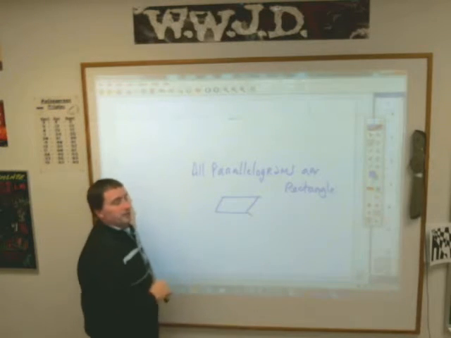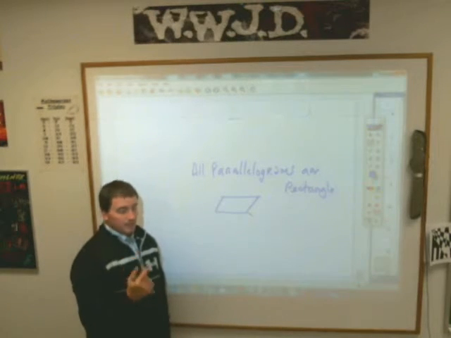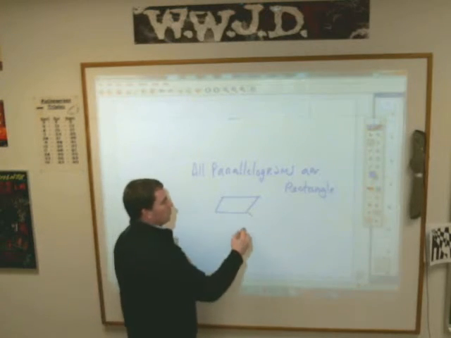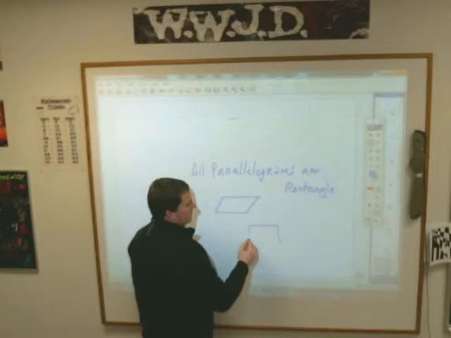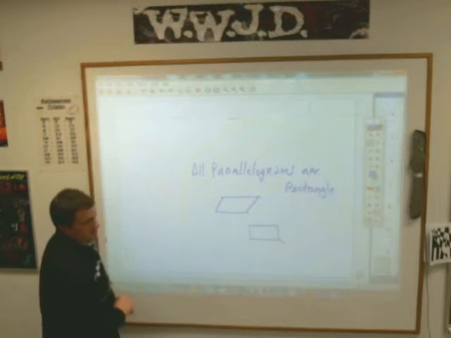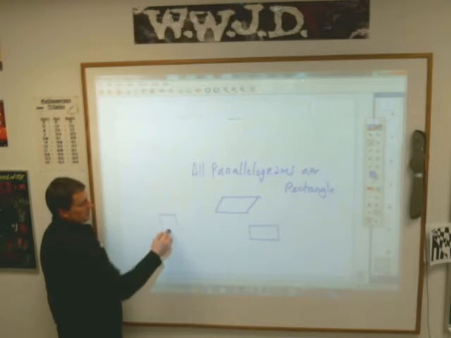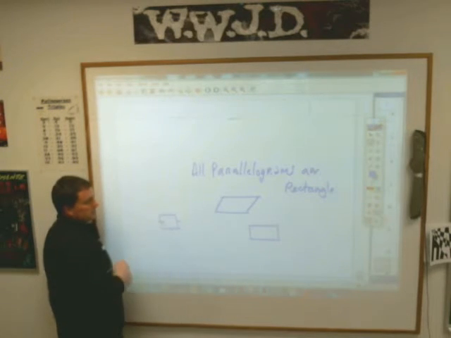Now, if I flipped it around and said, are all rectangles parallelograms? Then the answer would be true, because there's no rectangle that you can draw that doesn't have 2 sets of parallel lines. And the same thing is true with this. If I put these little marks on here, is this a rectangle?